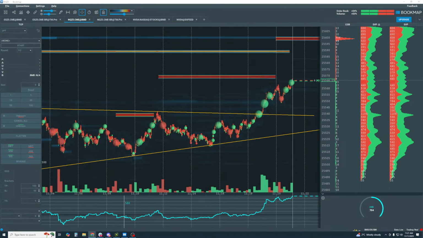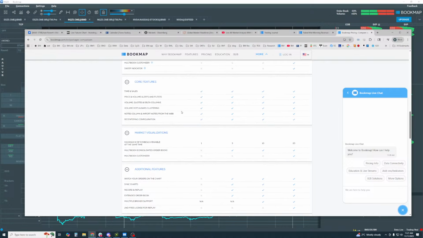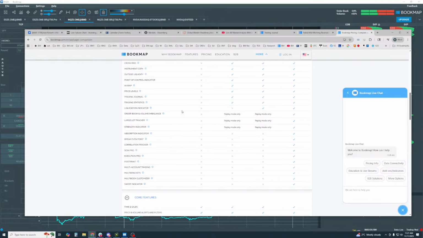All right, I just want to go through here quickly for you, if anyone has any other questions about the packages here in Bookmap. Dome Pro, Execution Pro, they will work on stocks and futures. Footprint will work. Multi-account trading will not work.